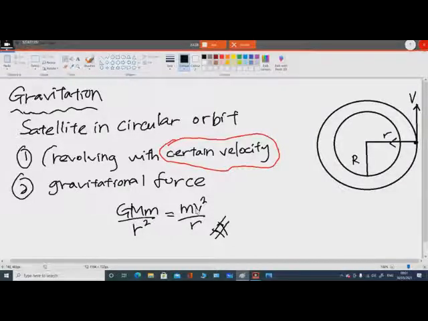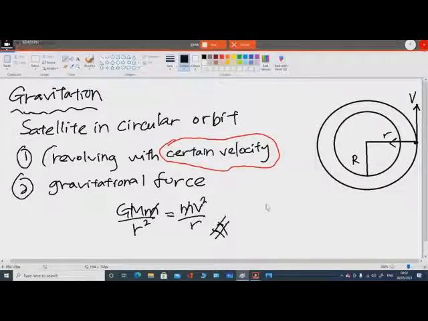So how can we find the specific velocity for the satellite so that it moves with that velocity and does not drop into the atmosphere of the Earth? Based on this equation, we can know that this one will cancel each other.